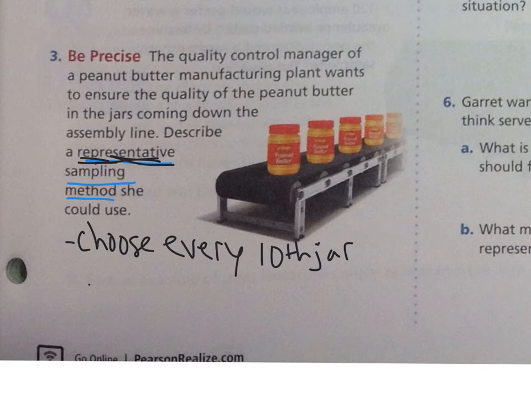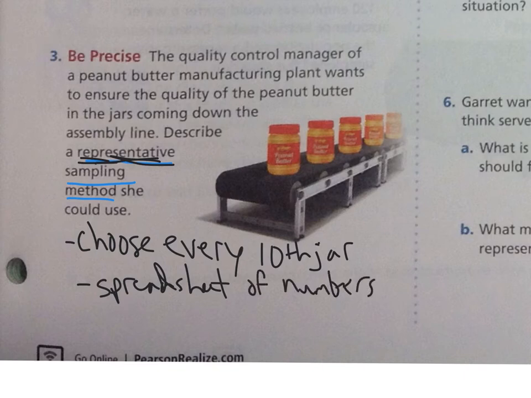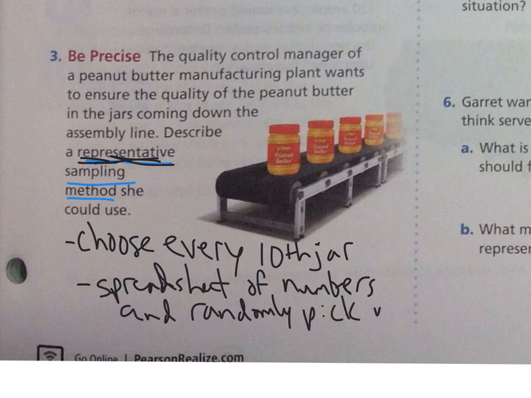To do a random sample, let's say we're going to do 10,000 jars, we could make a spreadsheet of numbers and randomly pick numbers on that spreadsheet.